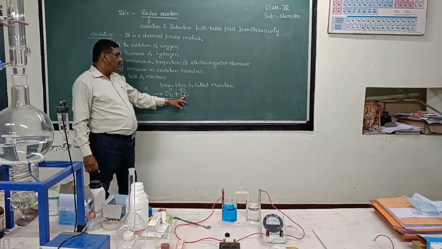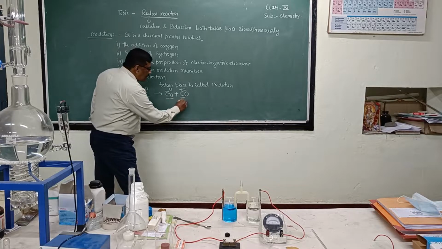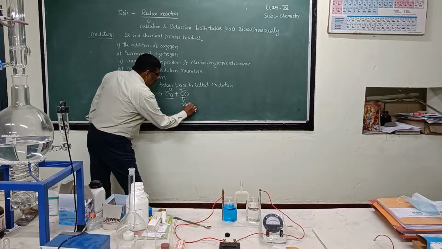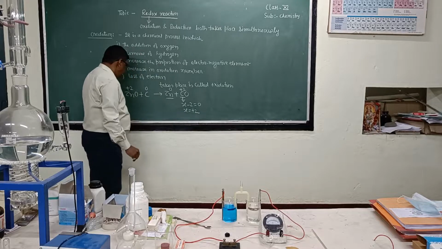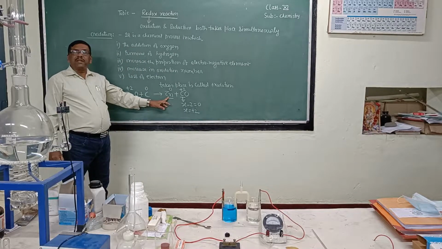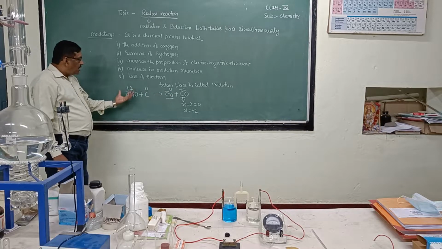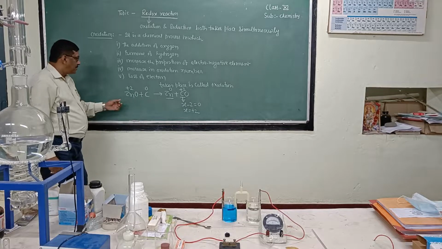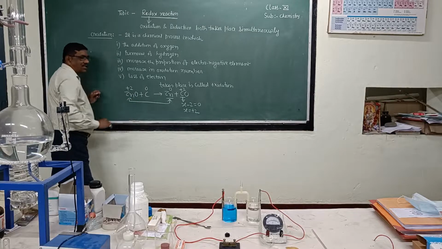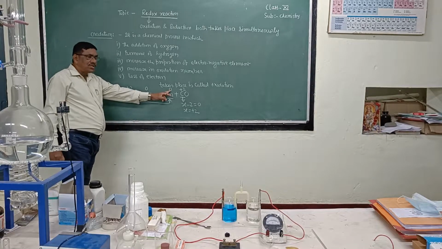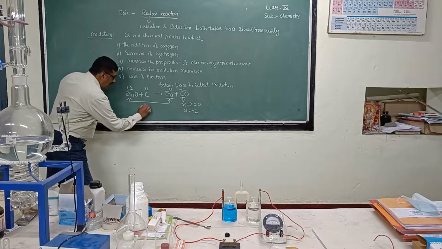In most compounds, the oxidation number of oxygen is taken as -2. So simply we can calculate x minus 2 is equal to 0. Therefore, x is equal to +2. Zinc is in a free elemental state, so its oxidation number is 0. So it is clear from the example that the oxidation number of zinc decreases from +2 to 0, so it is a reduction.